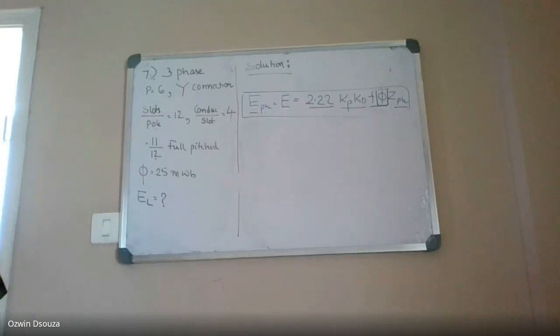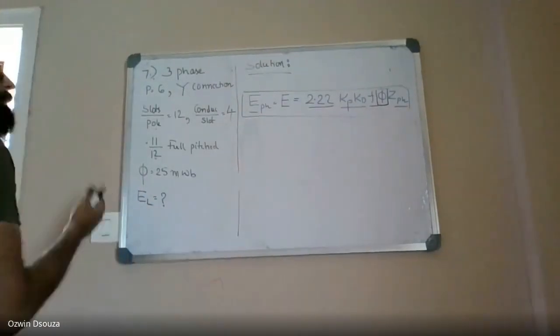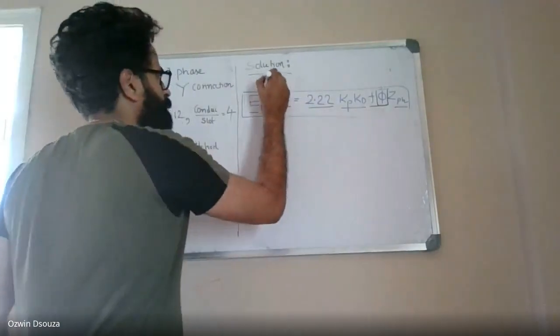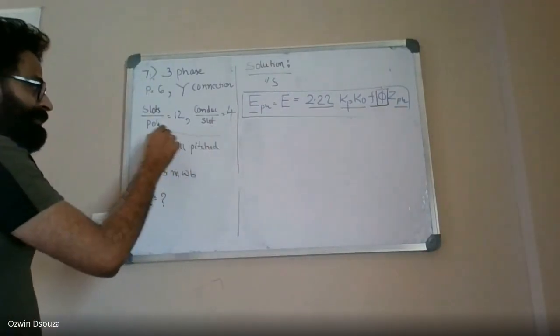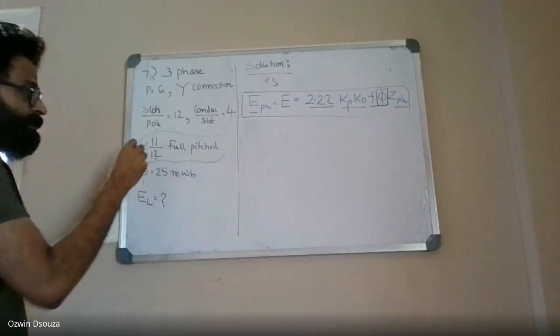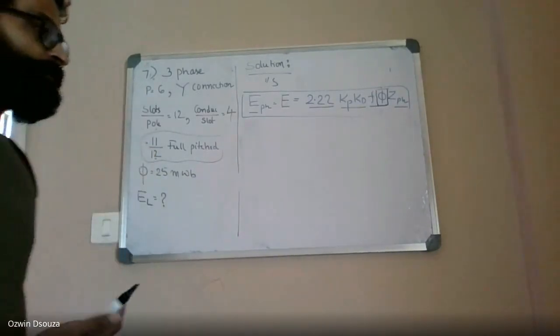You're able to solve? Okay, so what you have to understand over here is that the coil is not full pitched, it is fractional pitch or short pitch because the ratio is 11 by 12, right?